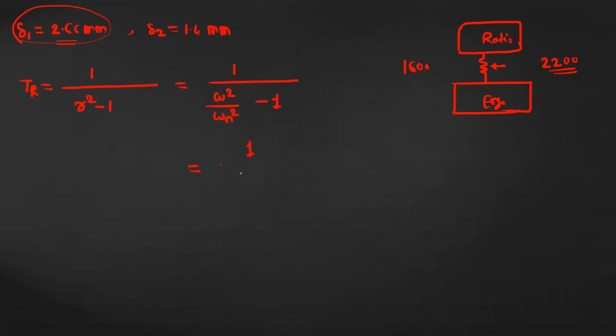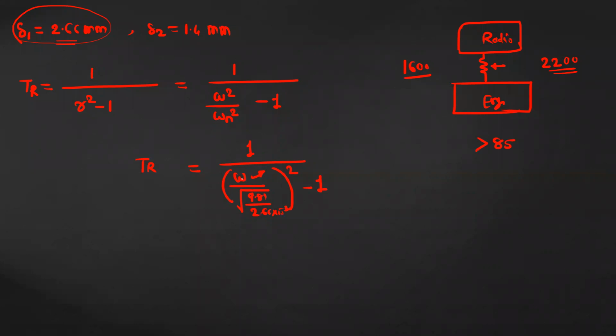So this is 1 upon omega square upon 9.81 upon delta 1, that is 2.66 10 to the power minus 3 meter, bracket square minus 1. Okay, now here omega, we have to vary from 1600 to 2200, and we have to check whether the transmissibility value is at least 85% or greater than 85%. Okay, then we can say we can select this spring delta 1.